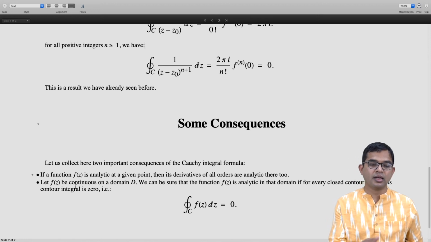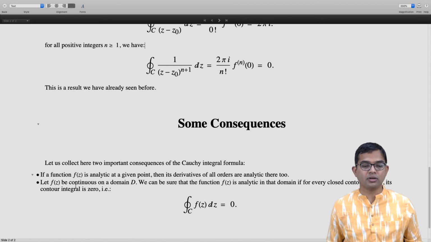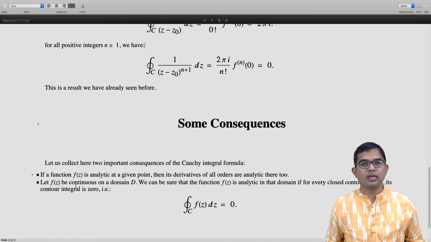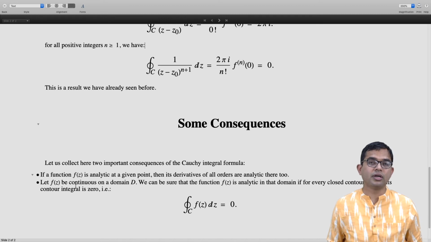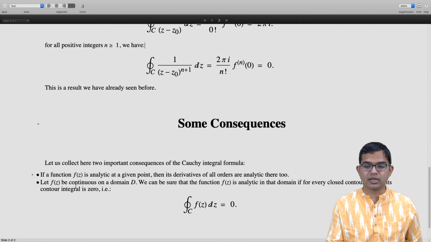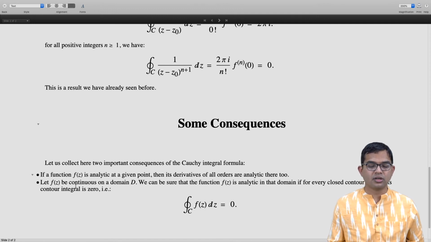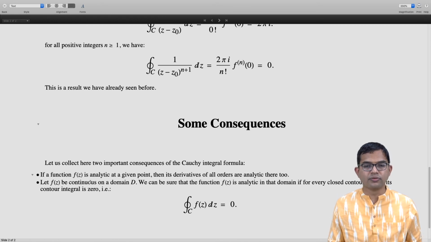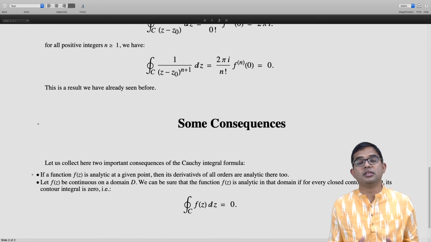So we have seen that this idea of continuity on a domain coupled with this need for every closed contour integral of this function being 0 is equivalent to the existence of an antiderivative, right? And if the antiderivative exists, we can argue that it's basically analytic in this region, right? So these are immediate consequences of the generalization of this Cauchy integral formula.